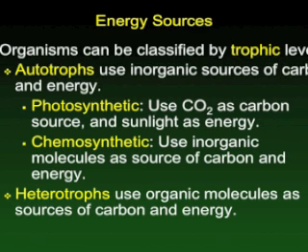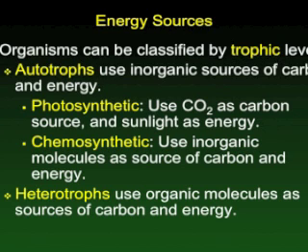The chemosynthetic organisms, mainly bacteria, take inorganic molecules and extract the energy from those and also the carbon, and they build these organic molecules using that energy and that carbon source.